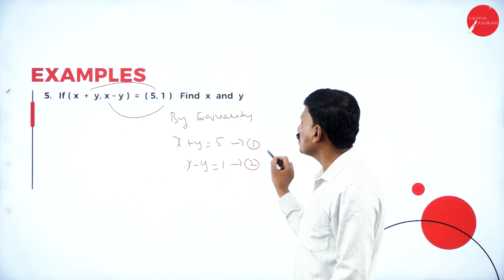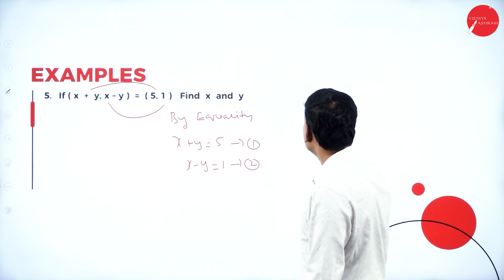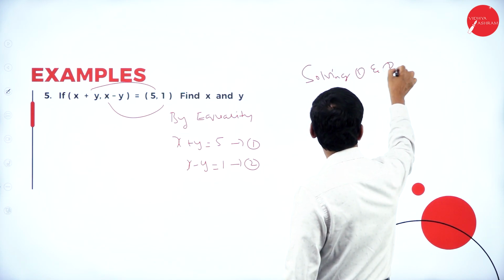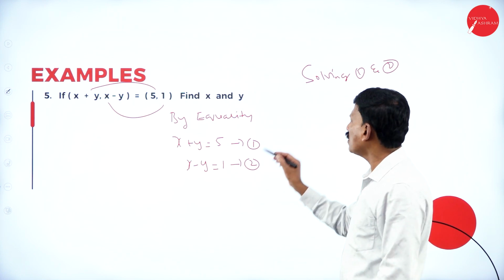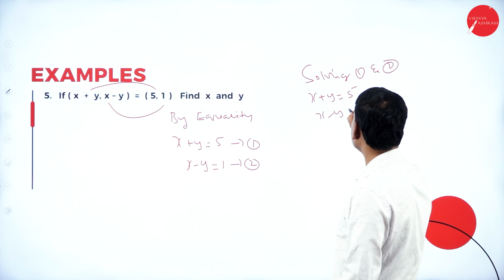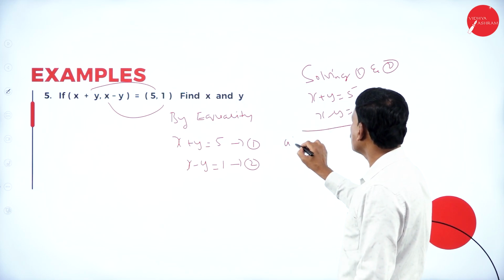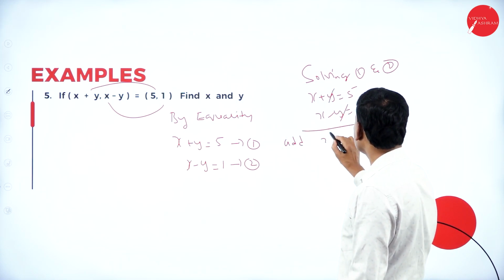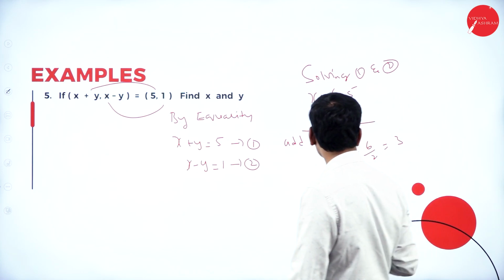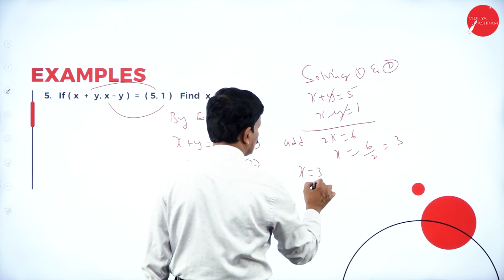Now solving 1 and 2: x + y = 5, x - y = 1, add these. Minus y plus y gets cancelled, 2x = 6, x = 6/2 = 3. So x = 3.